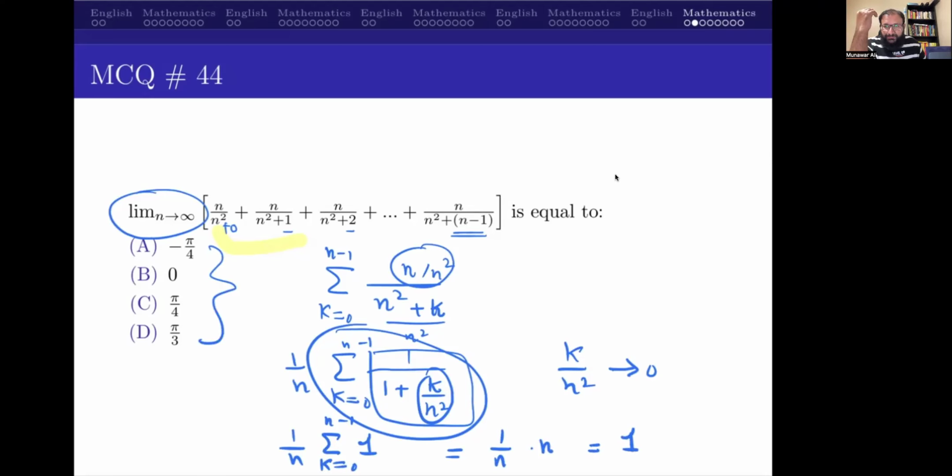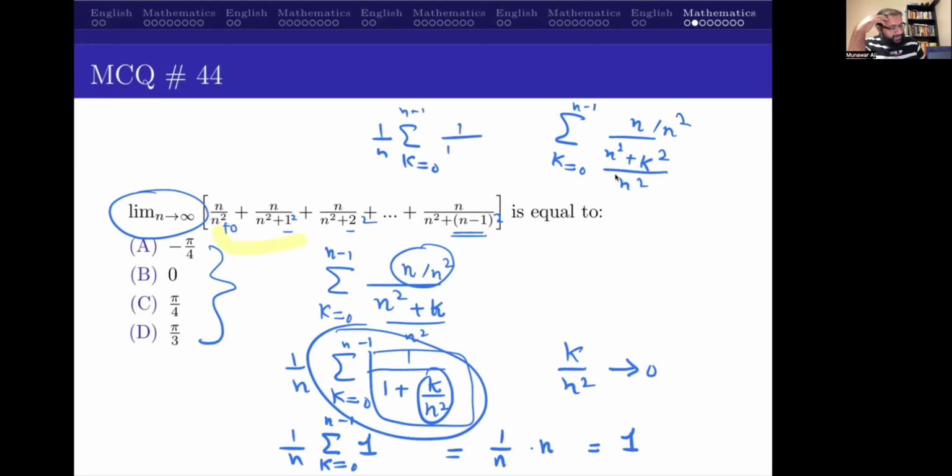So there might be a typo in this problem, and actually this problem can be 1 square here, 2 square here, and n minus 1 square. It means you're going to solve this problem: k equals 0 to n minus 1, n divided by n square plus k square. Now you can solve this problem by using Riemann sums because you can do the same thing, dividing by n square and n square. So this could be 1 over n, k equals 0 to n minus 1, 1 over 1 plus k over n whole square.